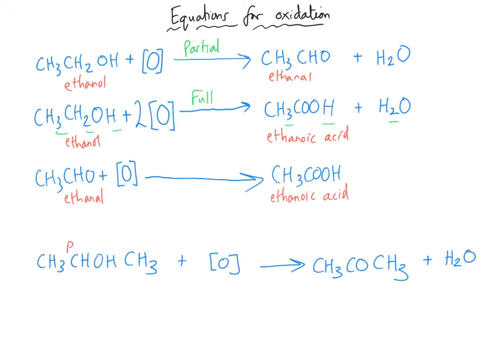So our propan-2-ol, our secondary alcohol, has been turned into propanone as our product. And just because ketones are a little bit complicated, I will draw the displayed formula of our reactants and our products here, just so you've got that for your comparison.